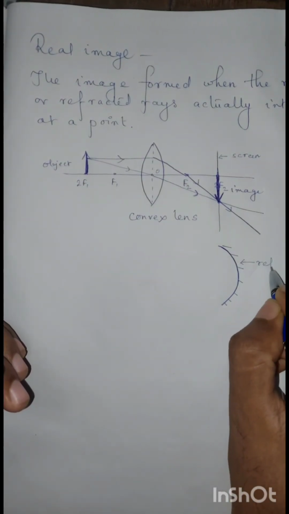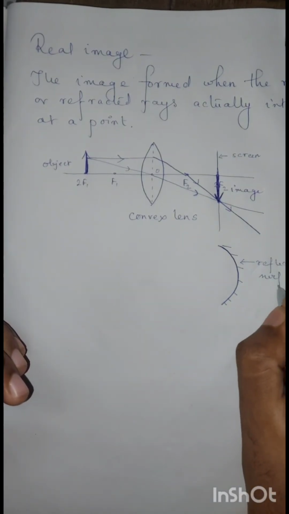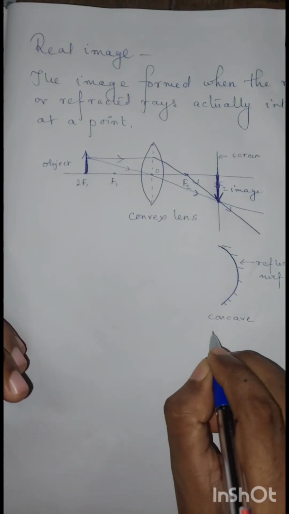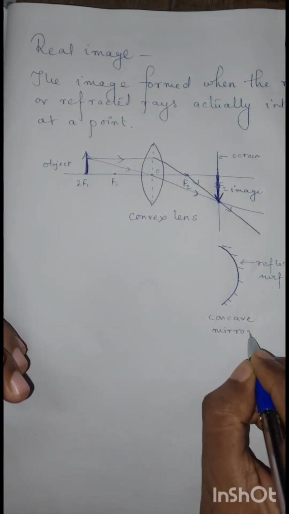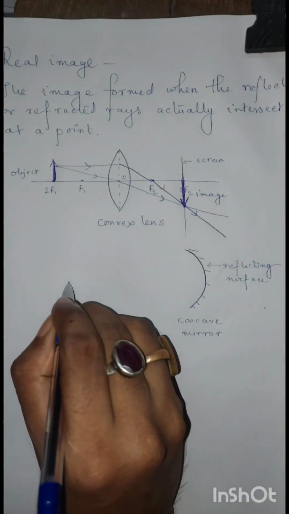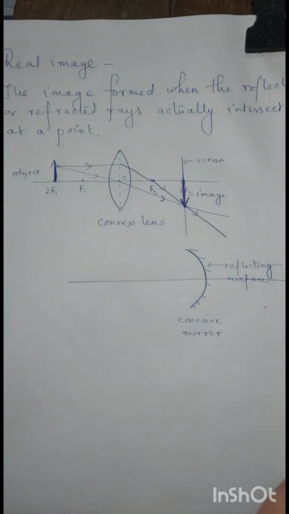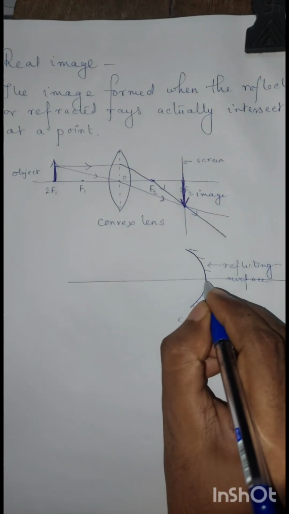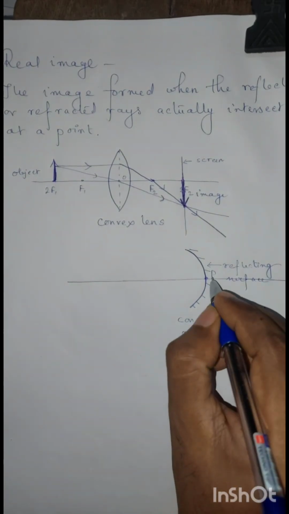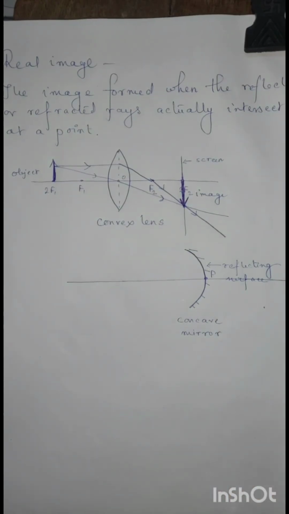This is the reflecting surface, and this is called a concave mirror. Now this is the center, we call it pole of a mirror. We are going to discuss about it later.